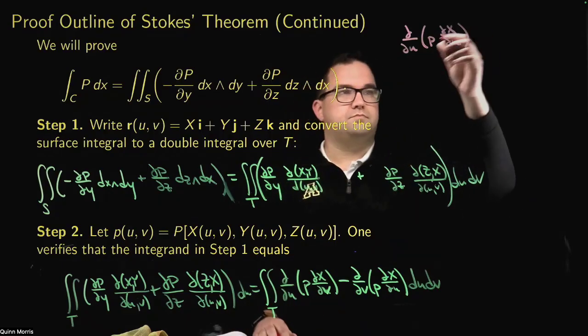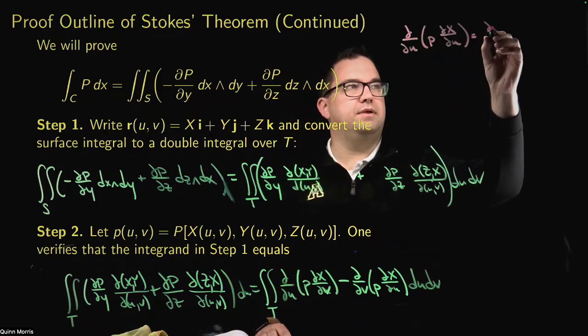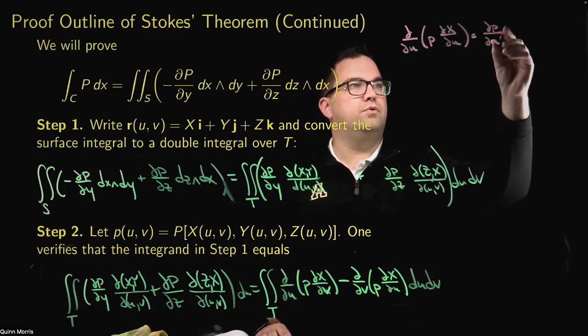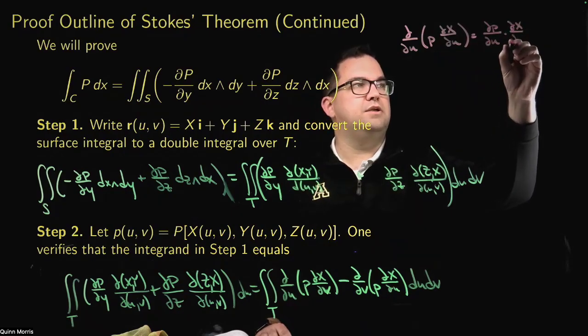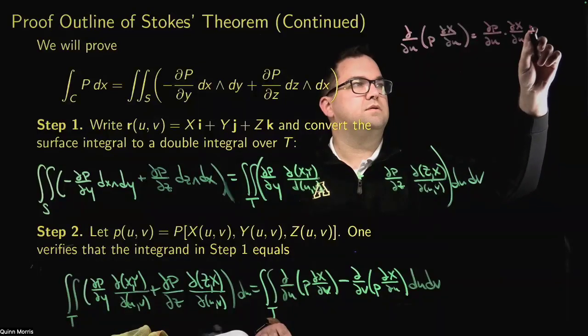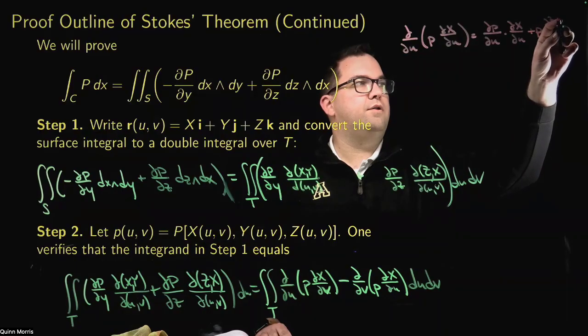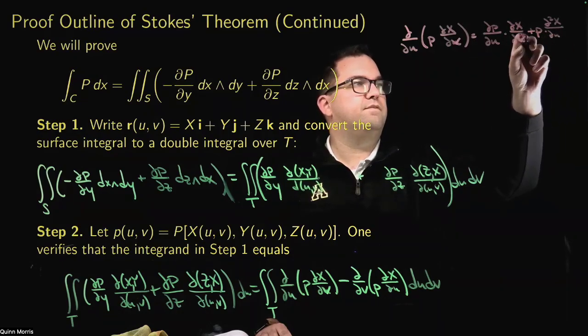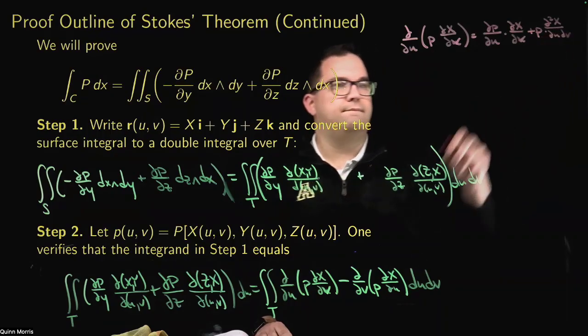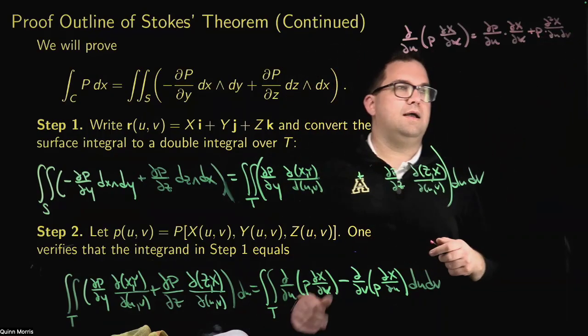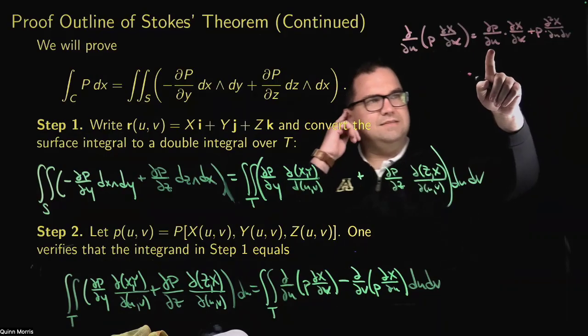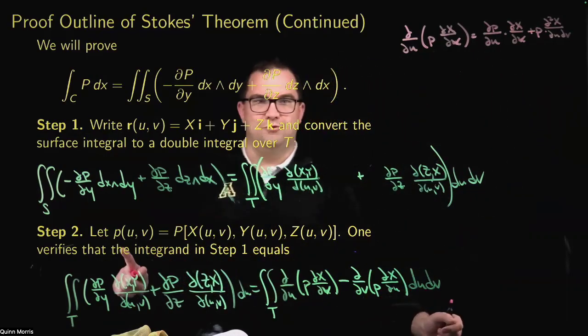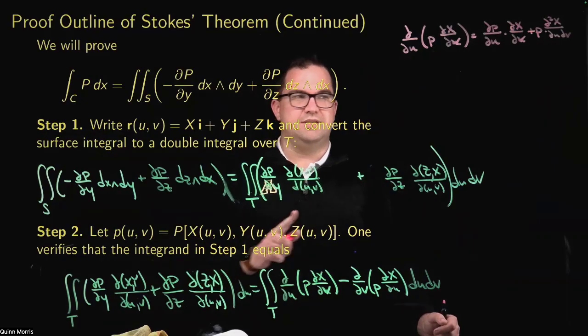So I would say this is dp/du times dx/dv plus p times d squared x/du dv. And then I would ask, what is this? Now I have to use the chain rule, but u appears in each of these terms.